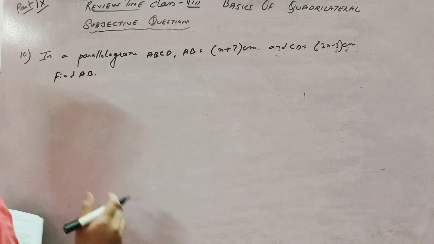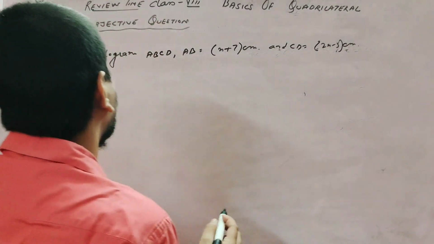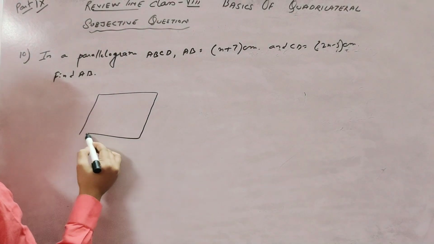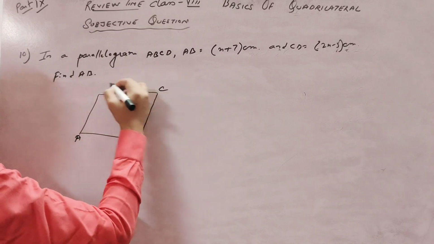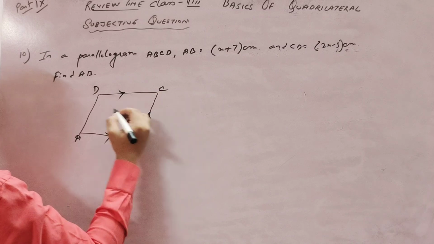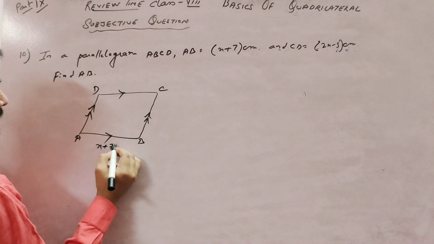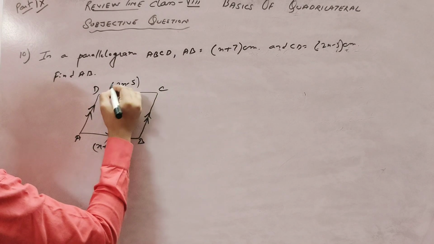Find AB. So first of all we draw a parallelogram A, B, C, D. Done. AB is x plus 7 centimeter and CD is 2x minus 5 centimeter.